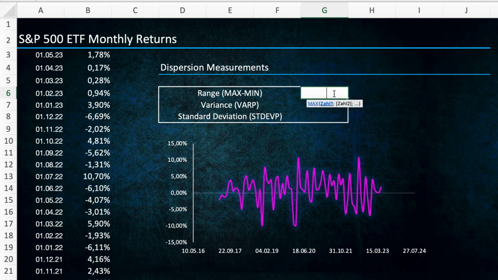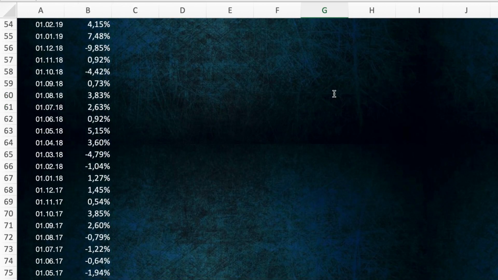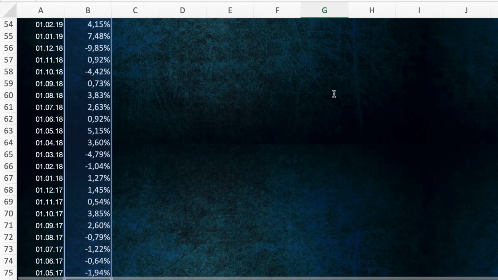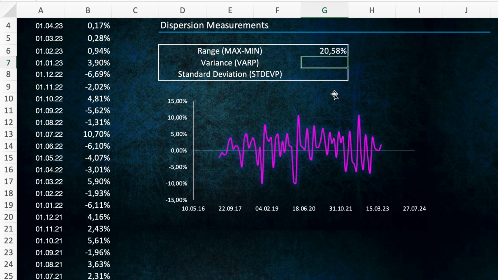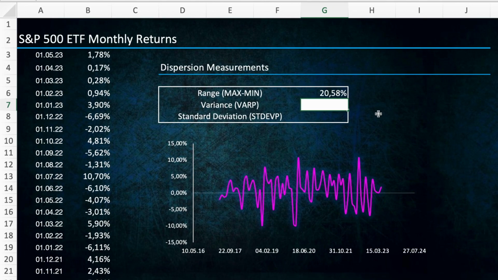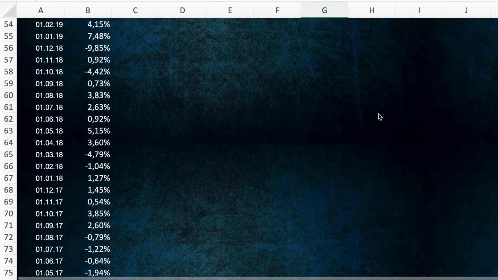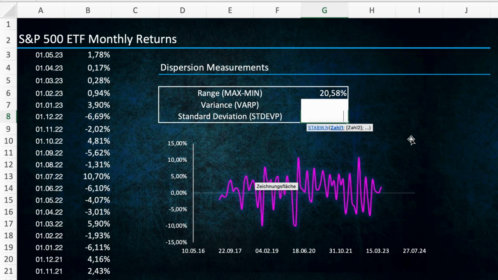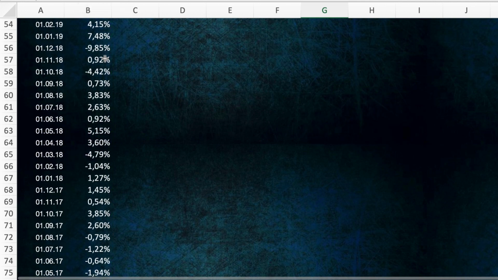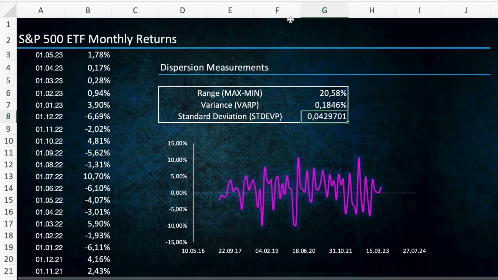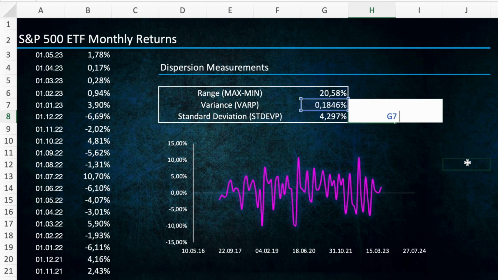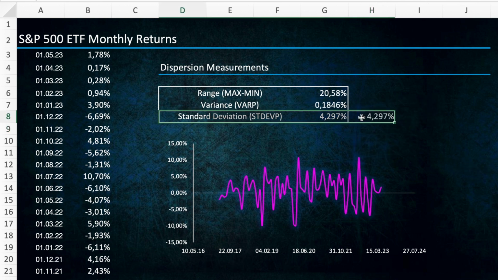That's why we will use here the formulas MAX, and we get all the series minus the MIN of the same series. For the variance, we will use the formula VAR.P, and for standard deviation, STDEV.P. Don't get confused because my keyboard is in German. We will also verify here that the standard deviation is the square root of the variance.